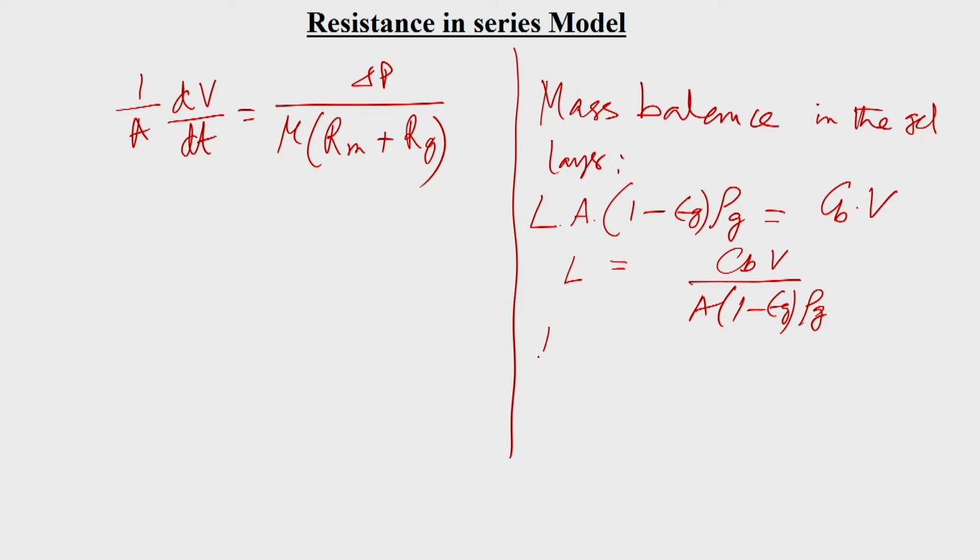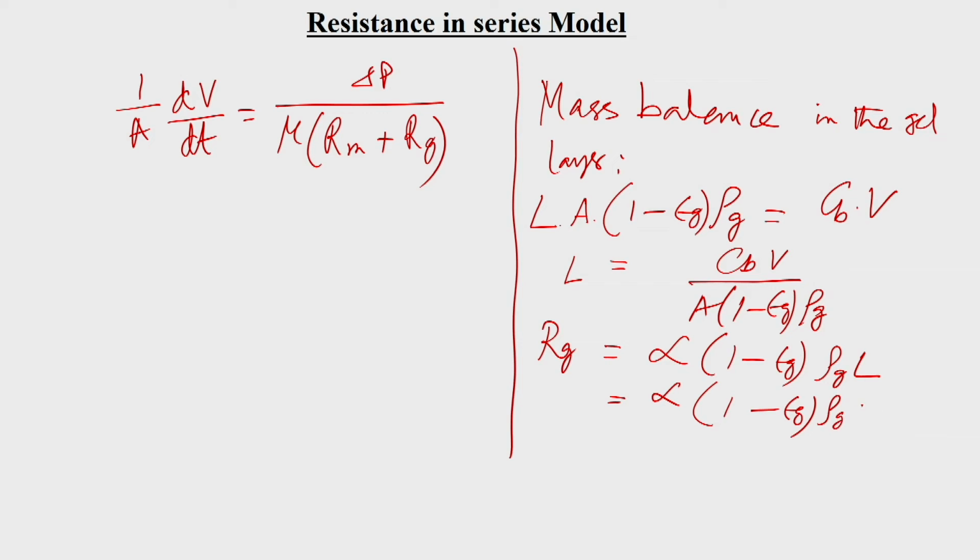Okay. And we know R g is equal to alpha into 1 minus epsilon g into rho g into L, that is equal to alpha into 1 minus epsilon g into rho g, with L equal to C b into V divided by A into 1 minus epsilon g into rho g.